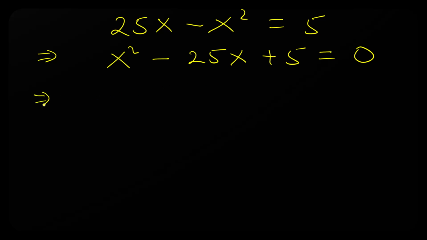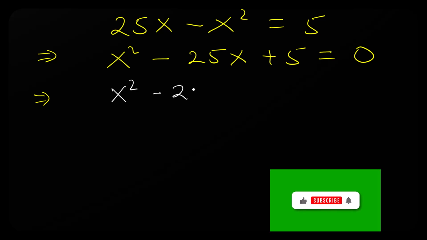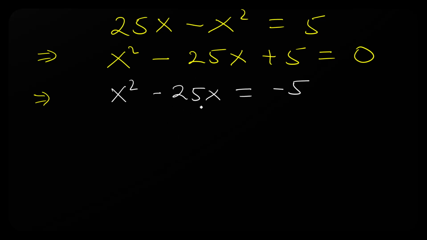Okay, so let's complete the square of this. Now, first of all, let's write this one as x squared minus 25x equals negative 5. So we will take half of the coefficient of x, that is half of minus 25, all squared.